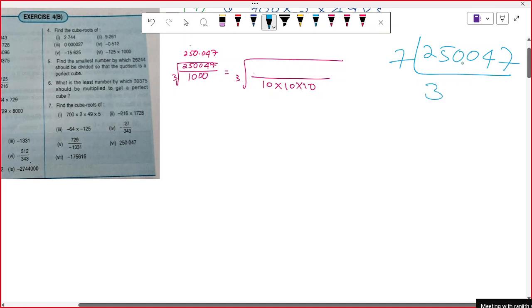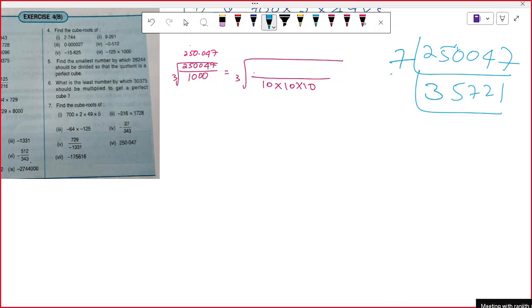So we get 35721. Since there is a 7 here, don't try other numbers, try with the same 7. Then 7 into how many times? So 5103.